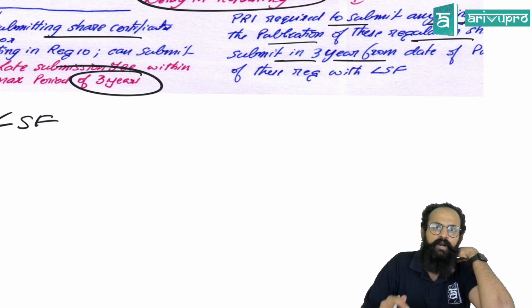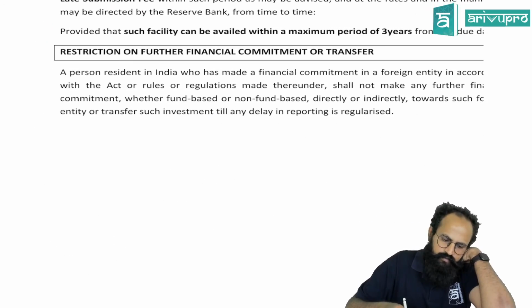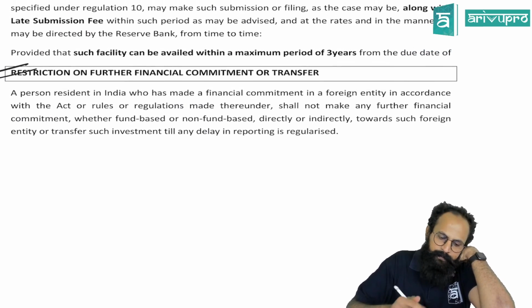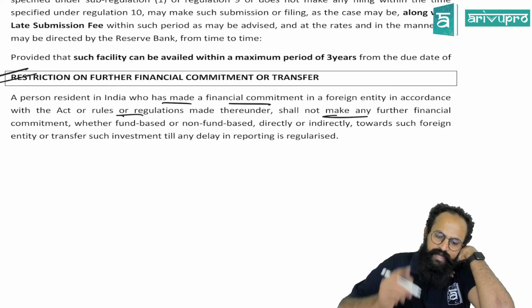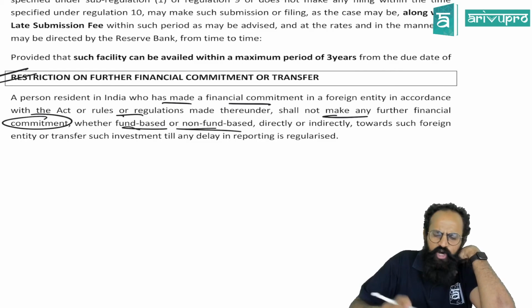After that, you will not be able to do it. After that, what will happen? The last thing that comes into the picture is the restriction on further financial commitment. What is this? A person resident in India who has made a financial commitment in accordance with the rules and regulations shall not make any further financial commitment, whether fund based or non-fund based.